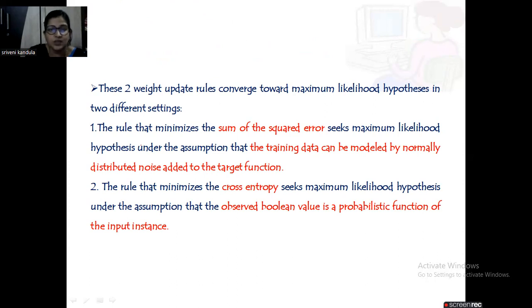Okay, so if any noise is added to the network, it should be a normally distributed one. When we are taking the cross entropy, it seeks the maximum likelihood hypothesis under the assumption that the observed Boolean value is a probabilistic function of the input instance.